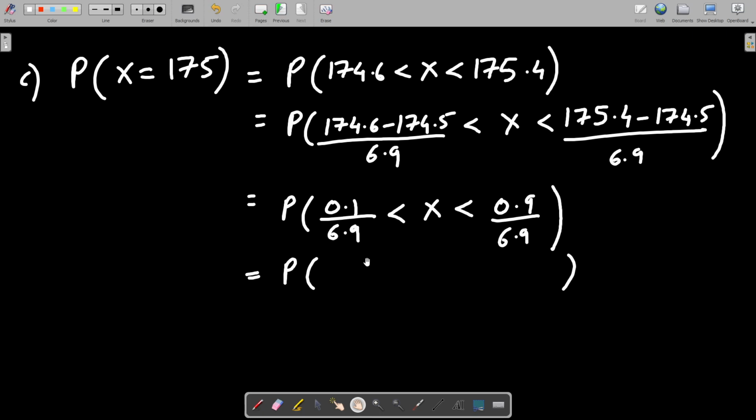What are these numbers? 0.69, a very small number, 1 divided by 6.9.